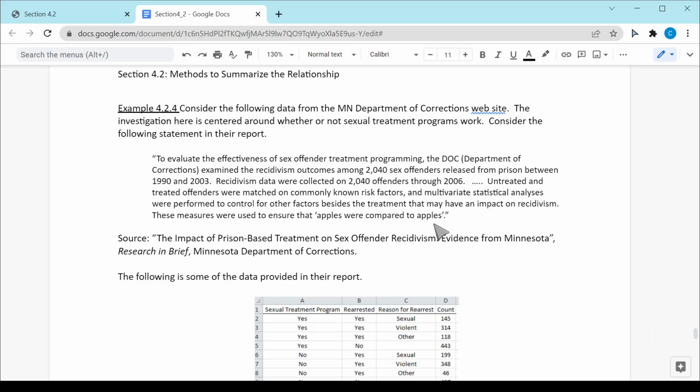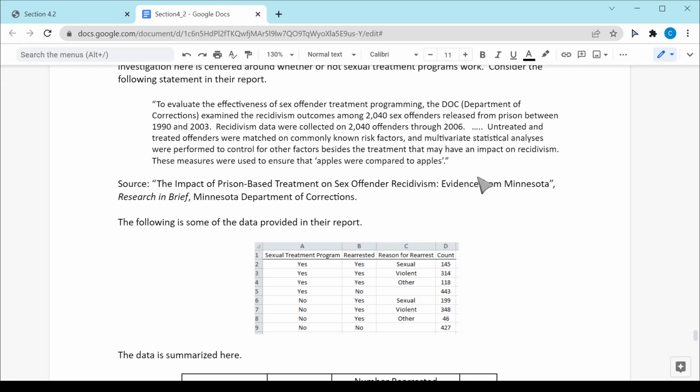All right, let's talk about this example, the last one in this section. This is actually from the Minnesota Department of Corrections. And this data is probably 10 or 15 years old. So it's a little bit older, but it was a really neat study that they did.